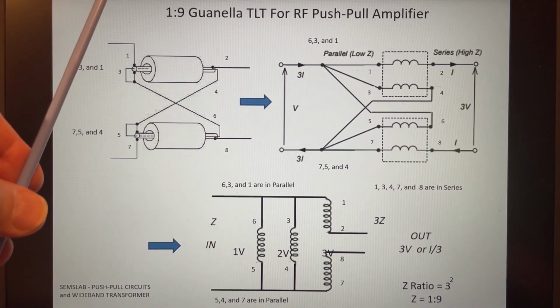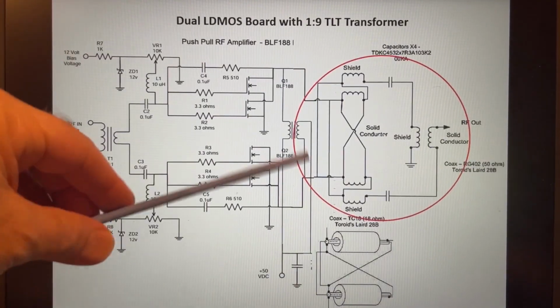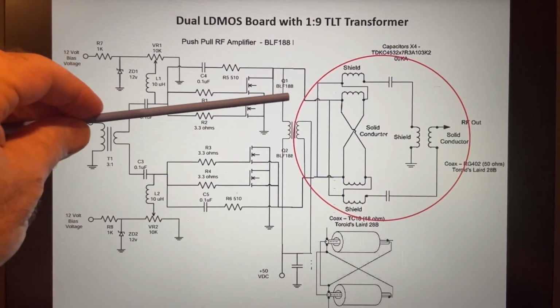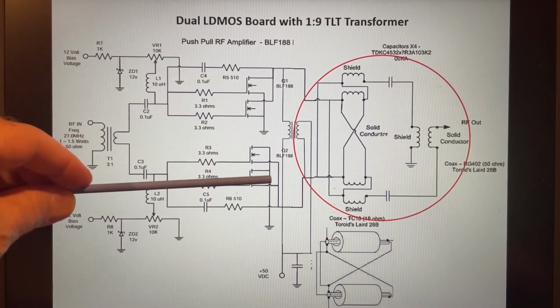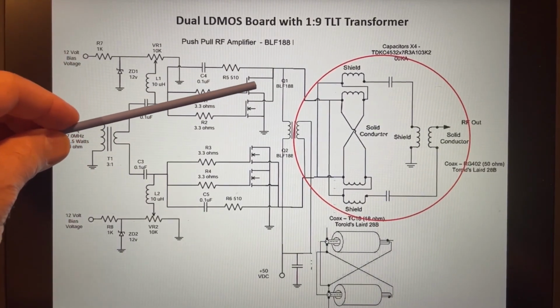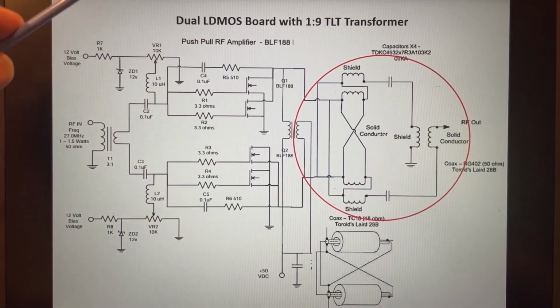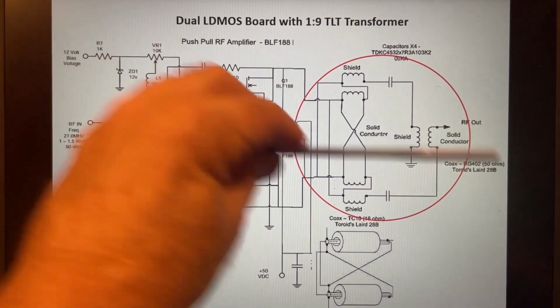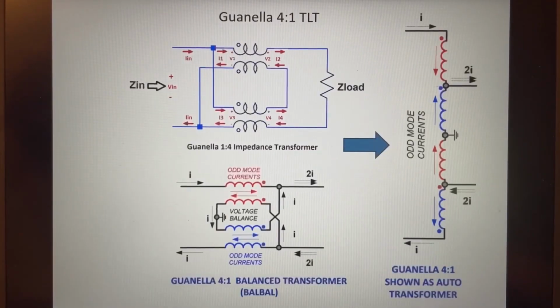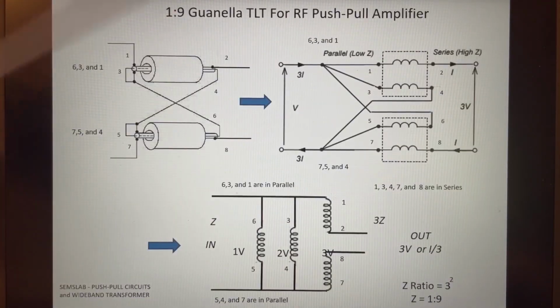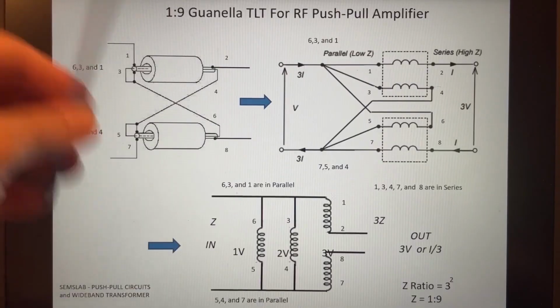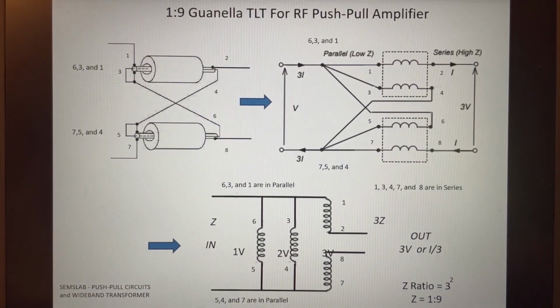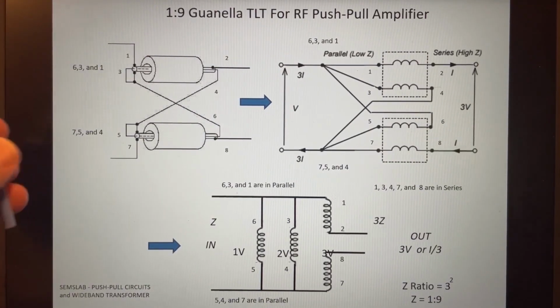And if I go back to my schematic here, 1 to 9, so here are the two LDMOS transistors. We're at 5.56 ohms, so we've got to go from a low impedance to a high impedance. So that's our 1 to 9 ratio. And then if we go ahead and look at these various designs, we'll see how that's done.